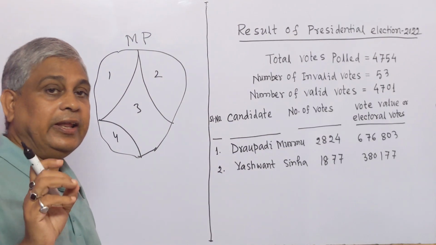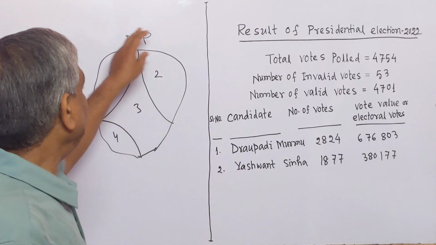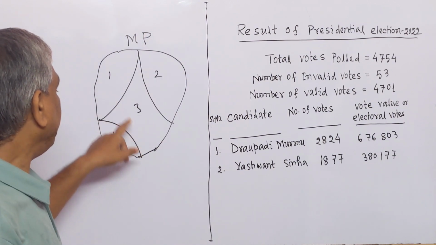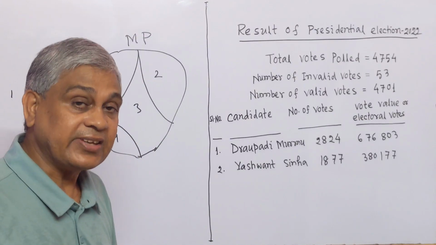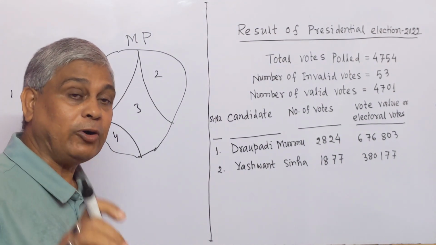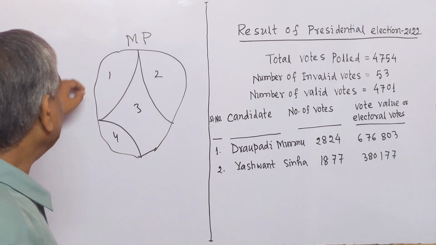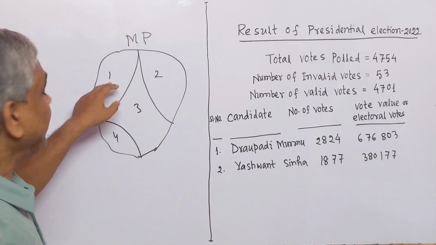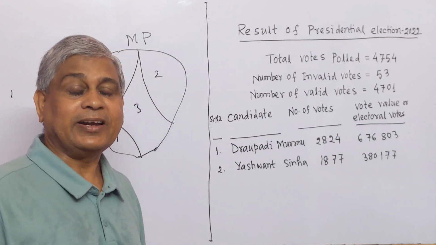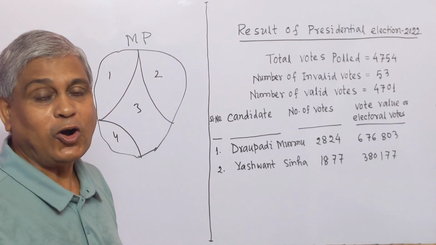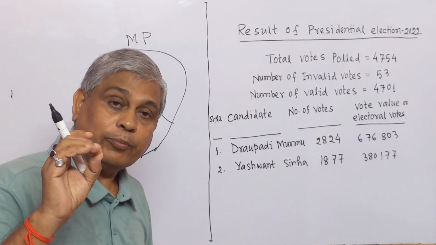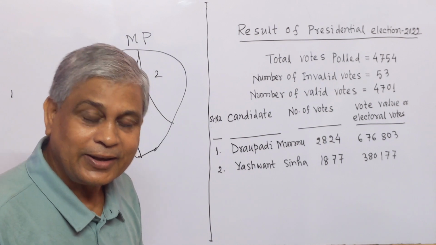So in an MP region, let here we have 4 MLA regions. So one MP is the representative of a larger area than one MLA. So it is obvious that the vote value of an MP must be greater than vote value of an MLA.